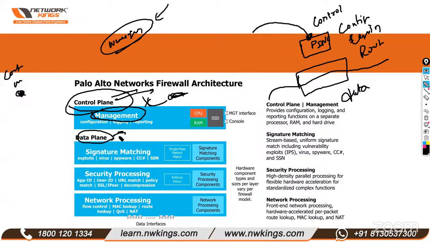Sorry for the interruption. So that telnet to the device, I'm still confused. Will it come under data plane or control plane? Yeah, I am telnetting to the device. I'm accessing Palo Alto. So Palo Alto has to respond to it. Palo Alto has to craft the traffic and send it to me, right?